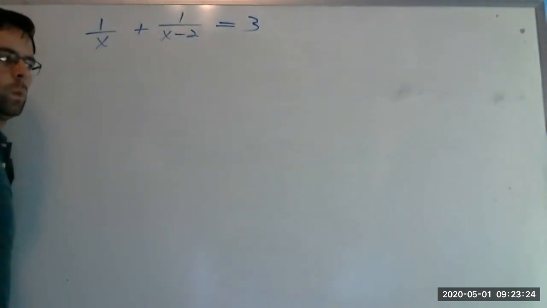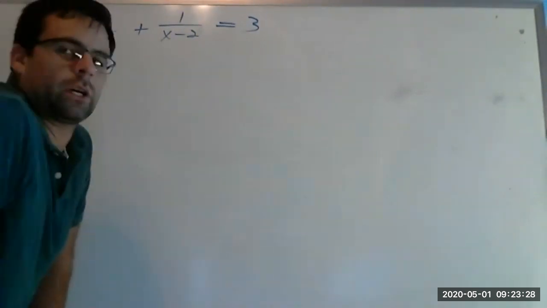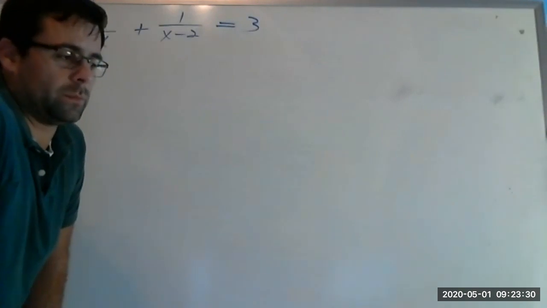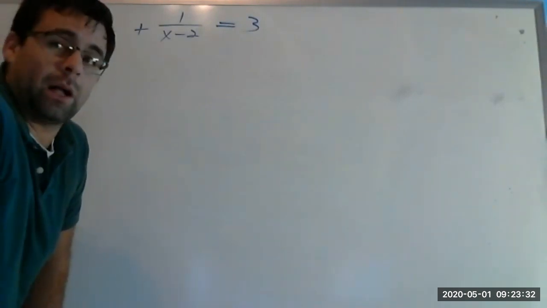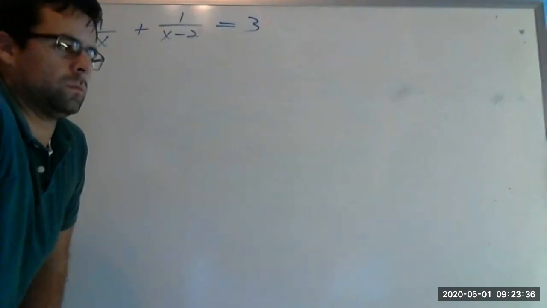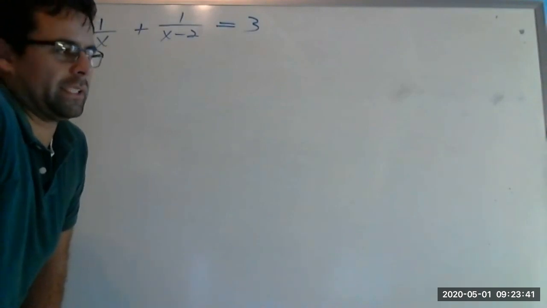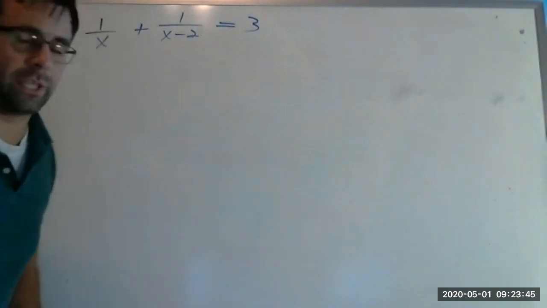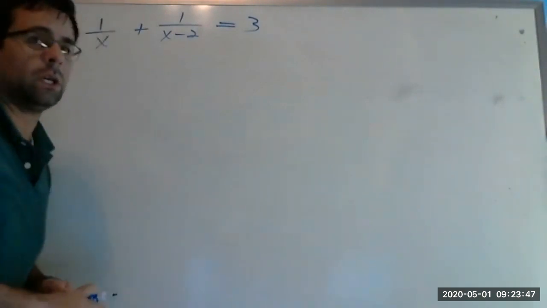So one of the first things that you're going to try to do is turn it into a polynomial, okay? And we can kind of do this in a way that is similar to just how we deal with fractions in general.